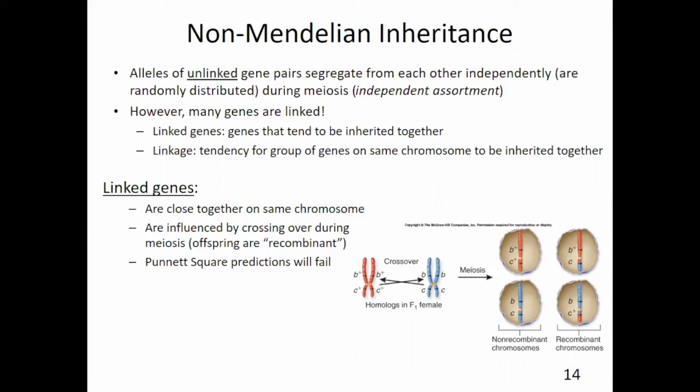One example of non-Mendelian inheritance is linked genes. Linked genes are genes that tend to be inherited together. This is because they are located on the same chromosome. In fact, the closer two genes are on the same chromosome, the more likely they are to be inherited together.